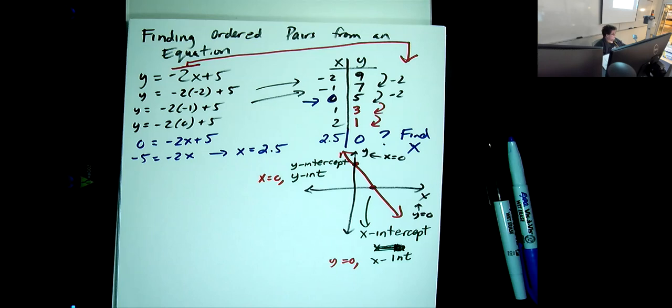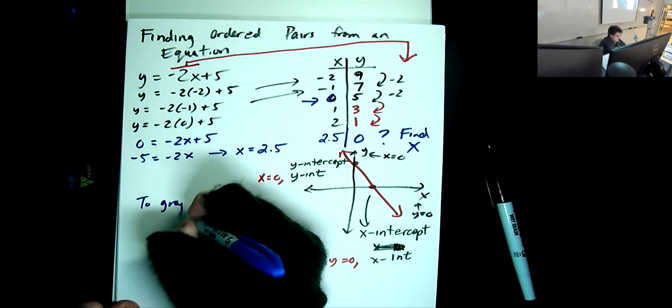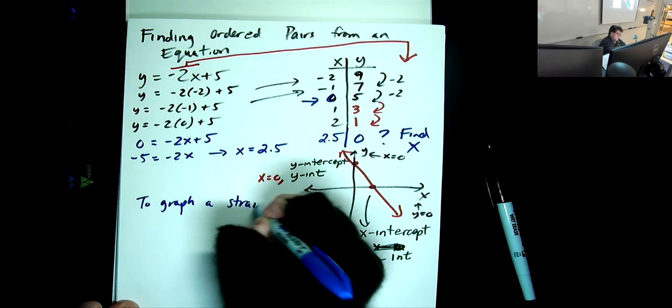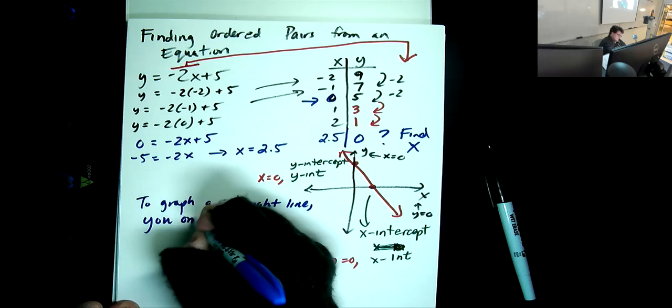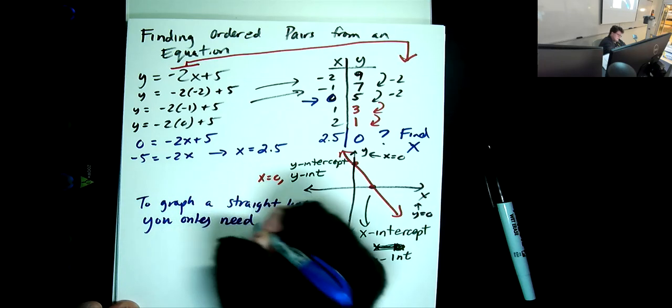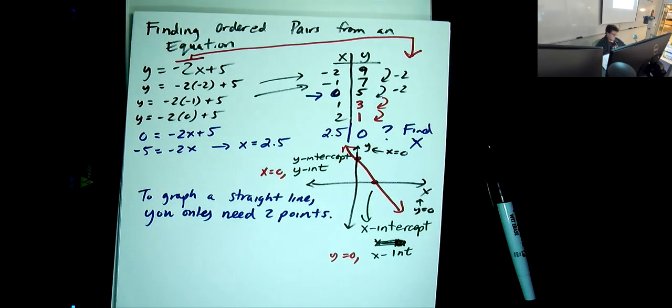For straight lines, that's all you need: 2 points for a straight line. They're not all straight lines though, so let's take a look at how you graph non-straight lines.